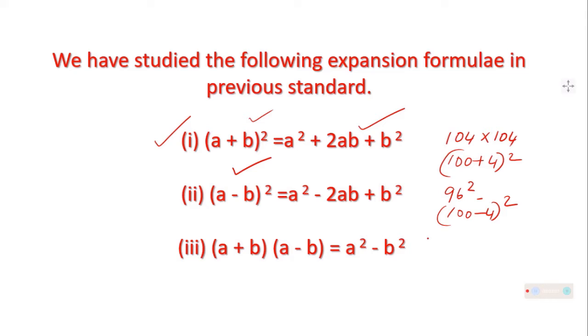If it is a multiplication of two numbers the same way, 104 into 96, then you will write (100 plus 4) into (100 minus 4) and apply this formula, or vice versa. So certain application of formula and how the expansion was derived, all this you studied in the previous class.